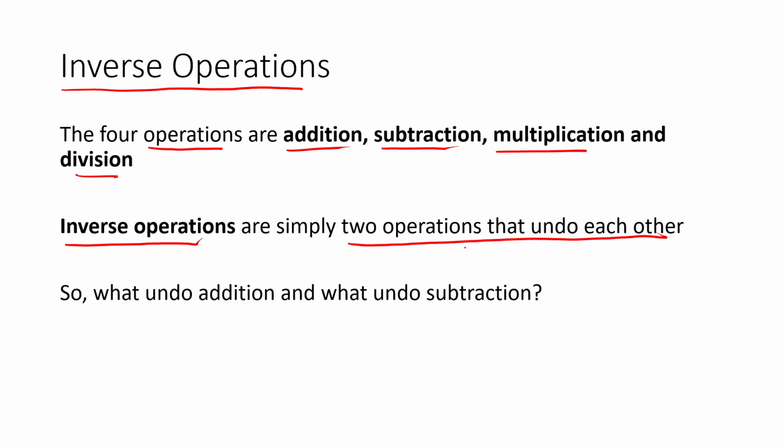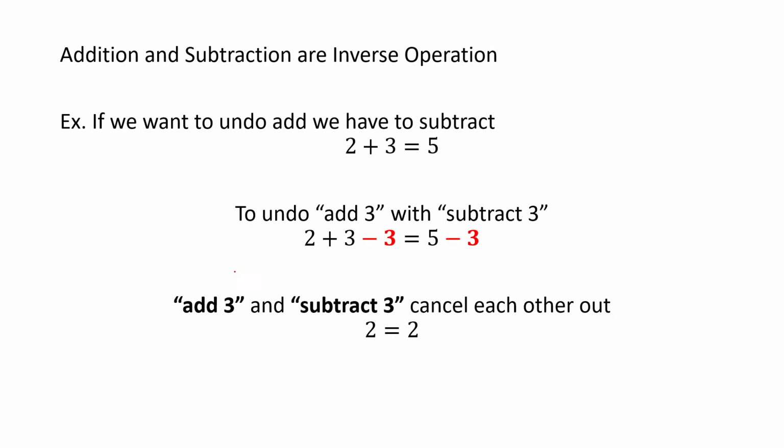Now I want you guys to think, what operation undoes addition and what undoes subtraction? Say it out loud and let's see if you got it correct. Addition and subtraction are inverse operations.